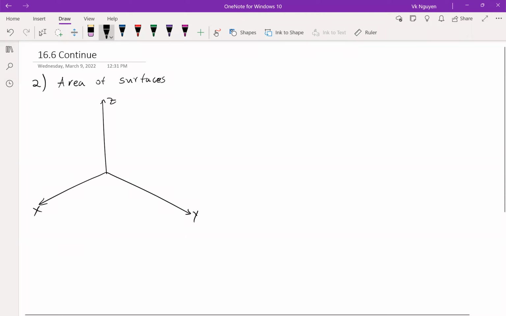So let's say that we have a surface right here. Not necessarily f(x) squared, or just a surface.